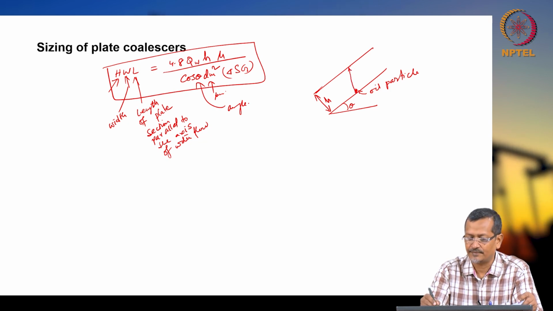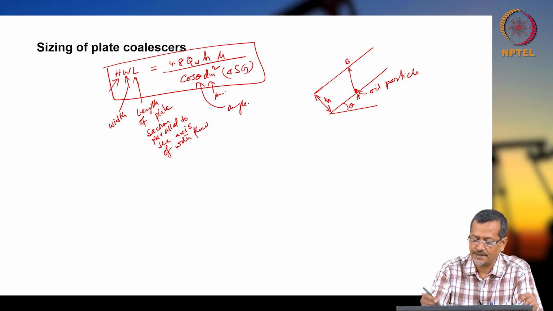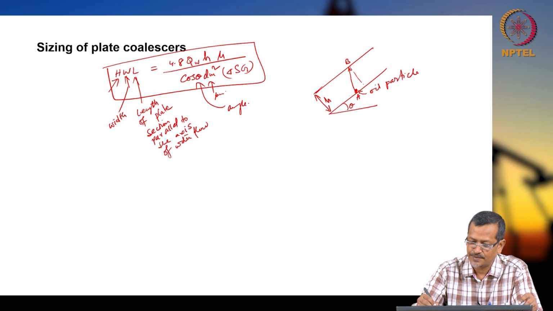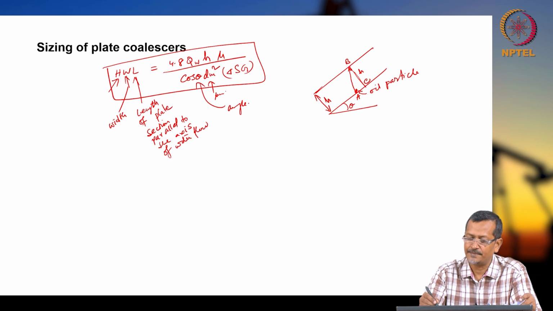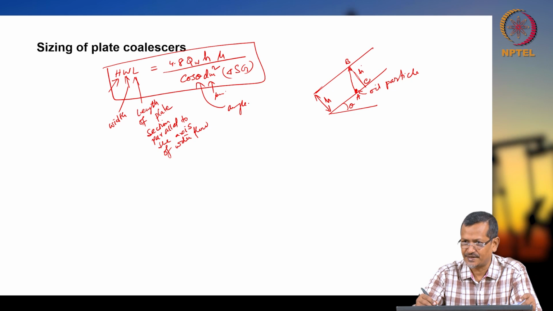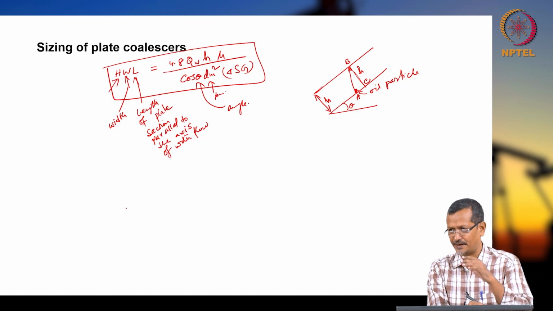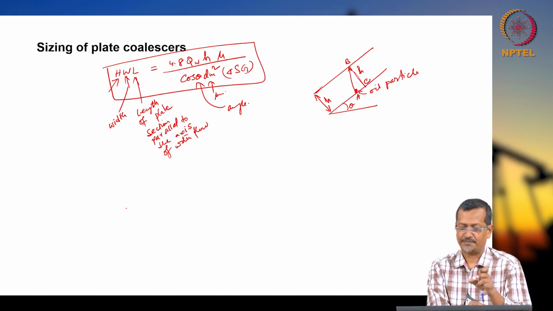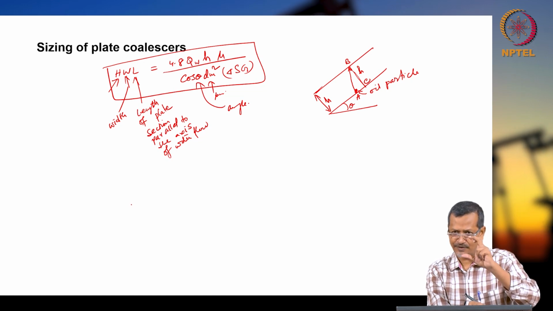How much distance is it traveling? This whole length I'm naming AB, and this is the perpendicular. Actually BC equals H, but AB and H are not equal. AB is the hypotenuse. The perpendicular distance between plates is H, but the oil is flowing at a slight angle, so it is traveling a little bit more.